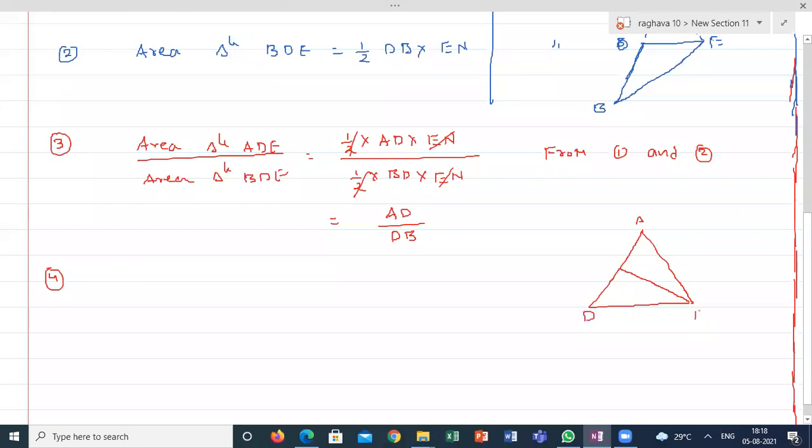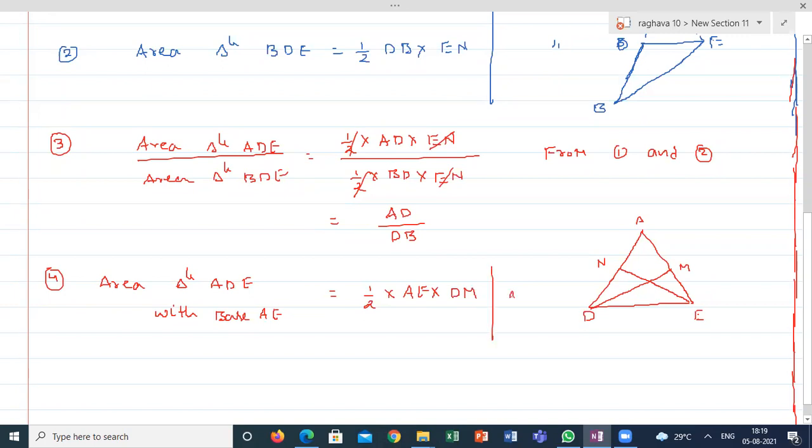ADE. If I'm taking AD as the base, EN is the height. If I'm taking AE as the base, DM is the height. If I'm considering AE as the base and calculating again the area of triangle ADE, the area is half into the base AE into the height DM.